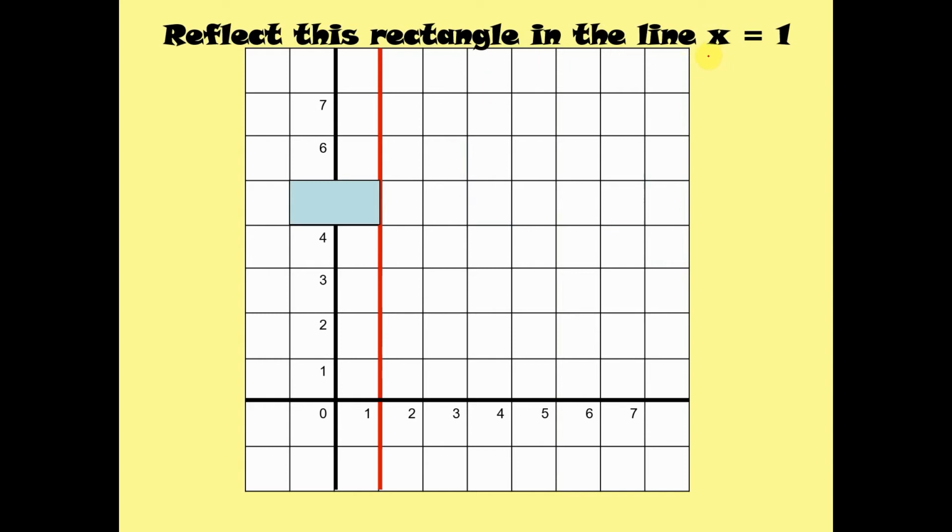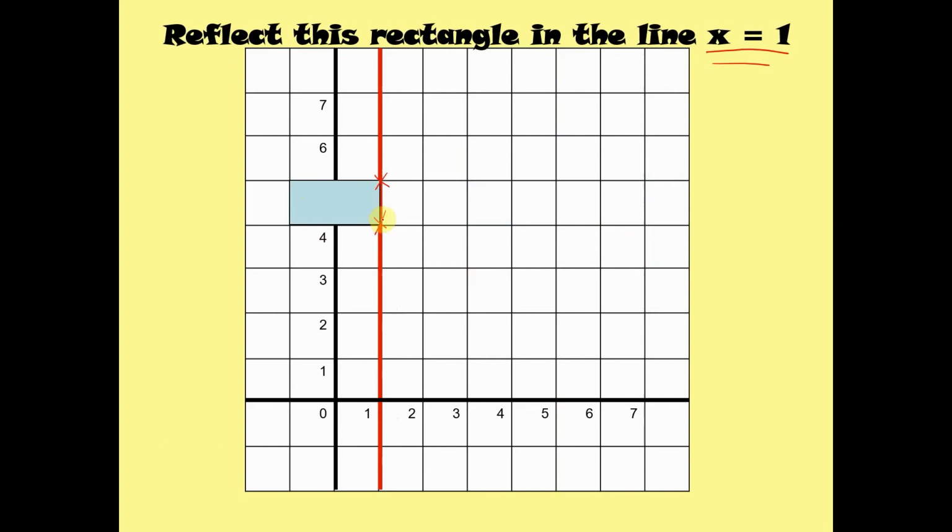We need to reflect this rectangle in the line x is equal to 1. So x is equal to 1 is already given, this red line, and we have this rectangle. These 2 points are on the line of reflection.